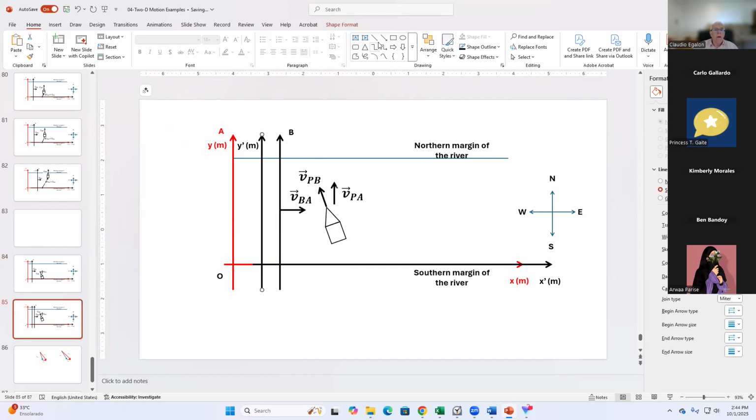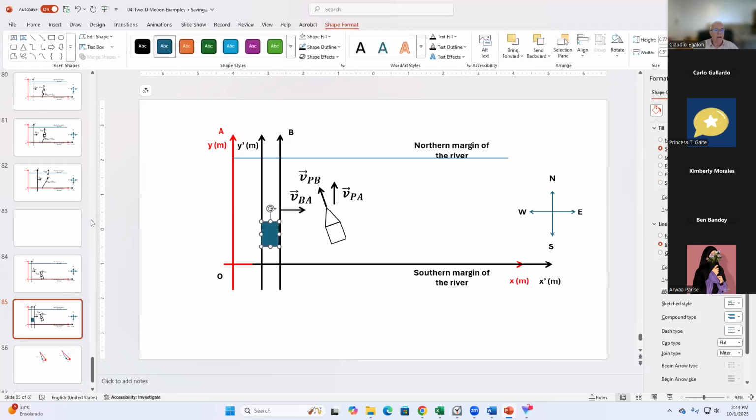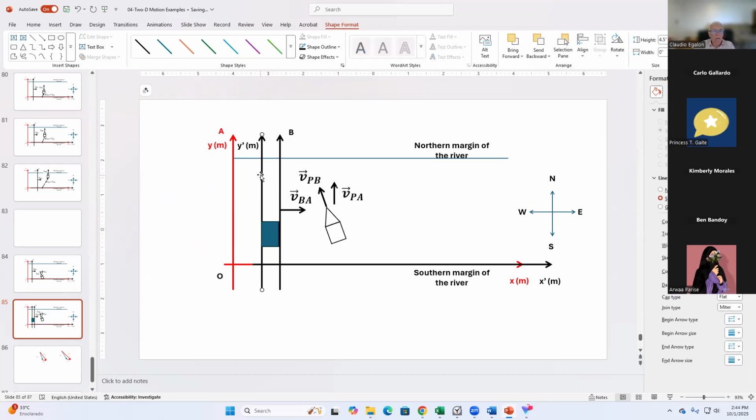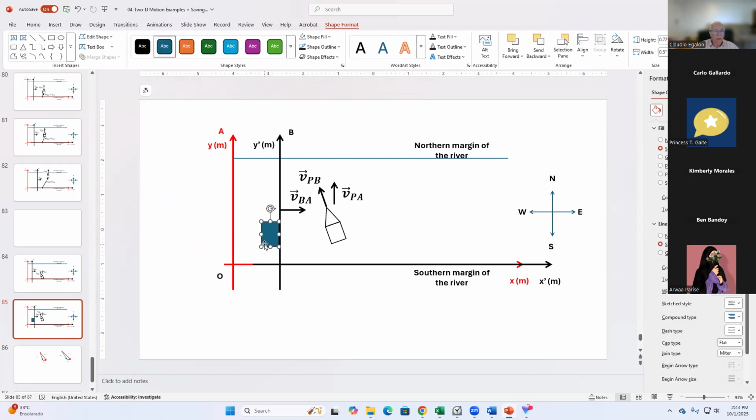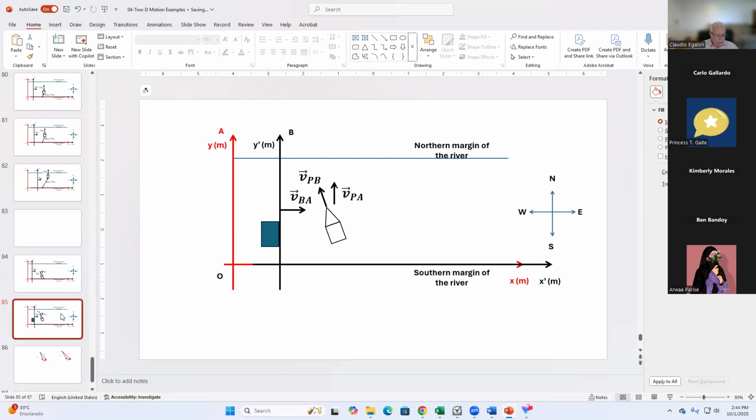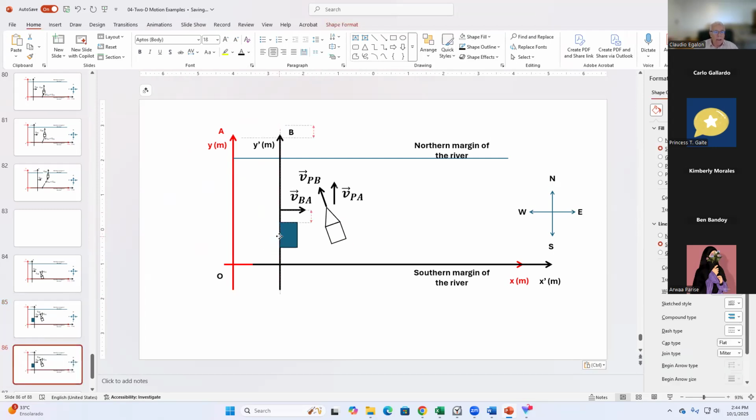The referential is moving with constant velocity, right? This is the water stream.